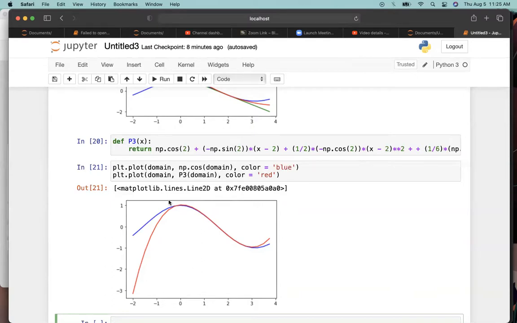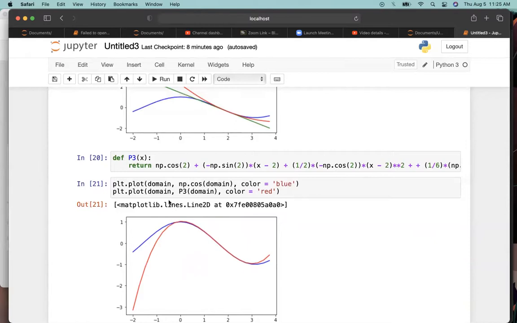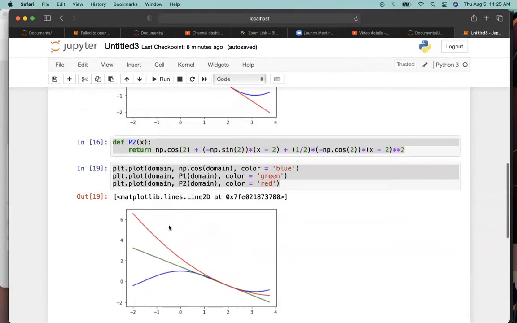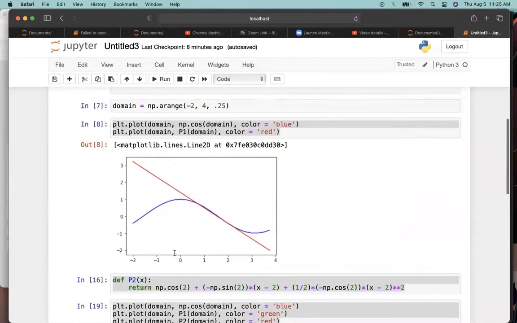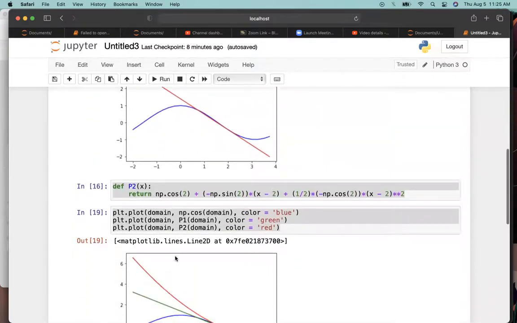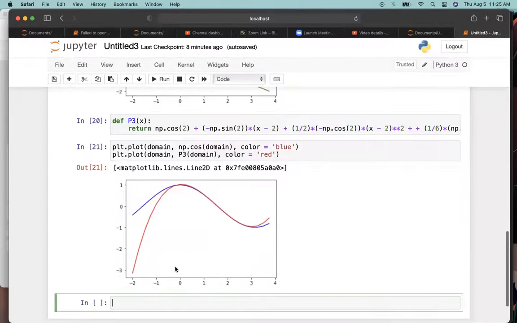Cosine is a relatively smooth function, but with any function you can make these higher order approximations, and if you could continue this forever, you would have very little error and basically the same function, but as a polynomial.